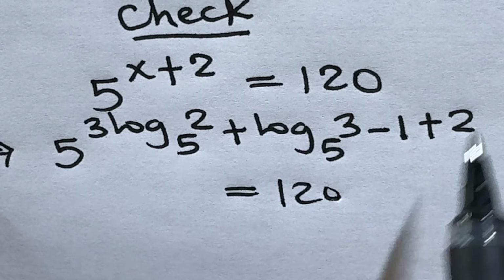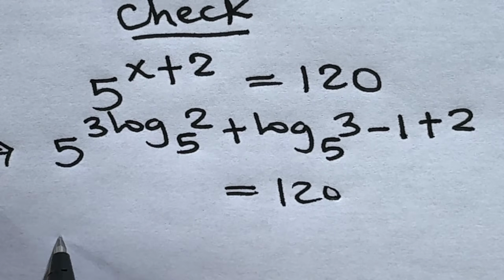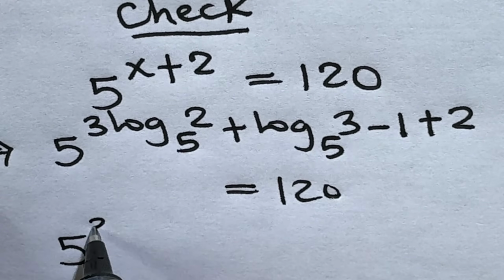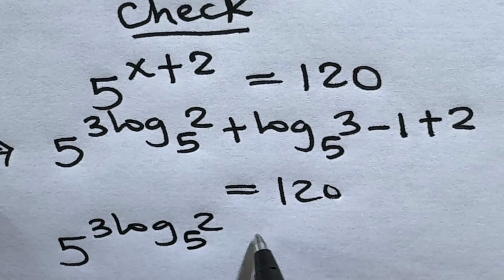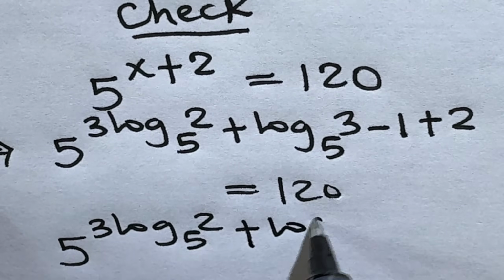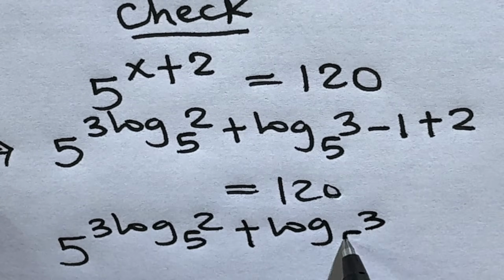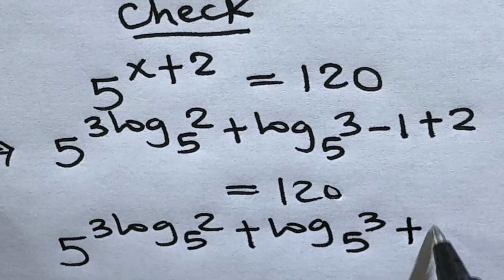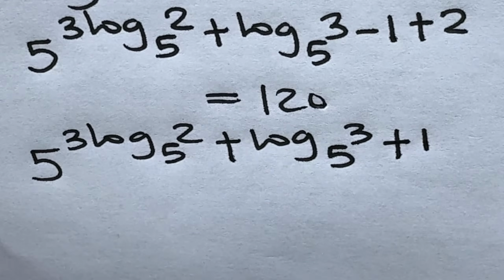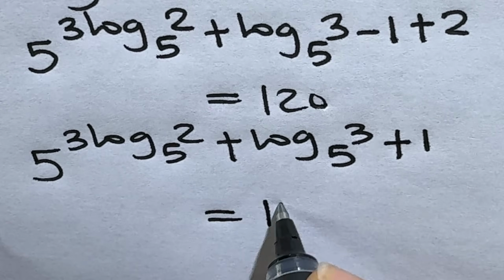Let us tidy up these powers. This is going to be 5 raised to power 3 log 2 base 5 plus log 3 base 5, then minus 1 plus 2 is plus 1, is equal to 120.